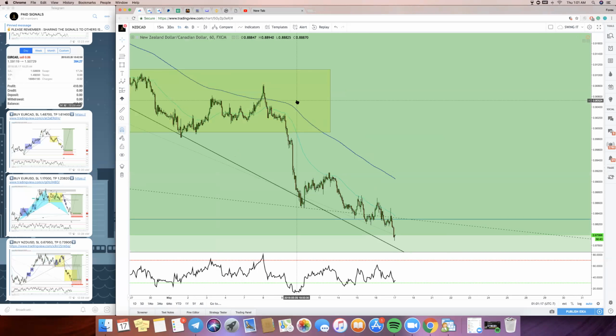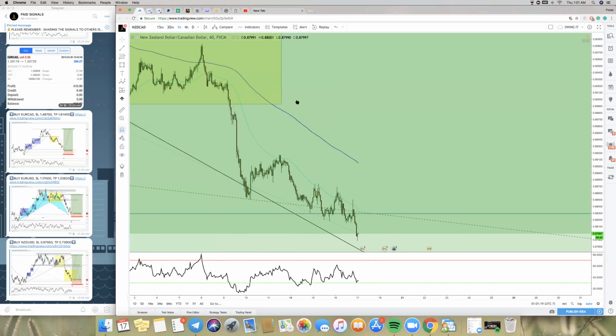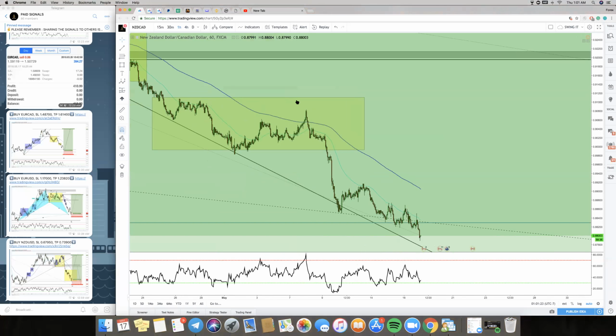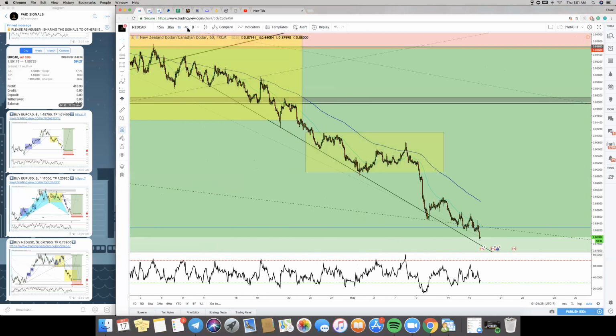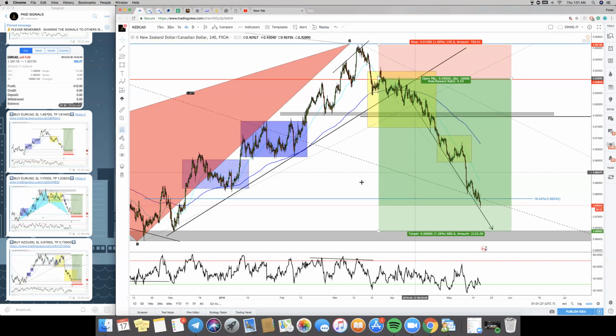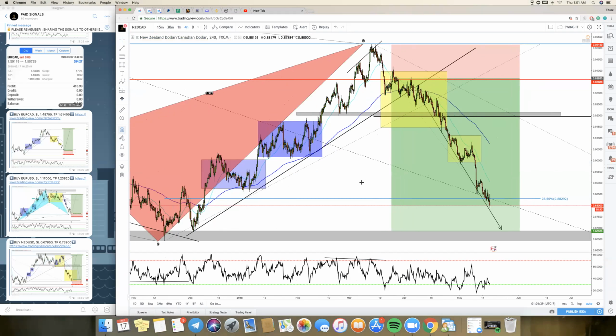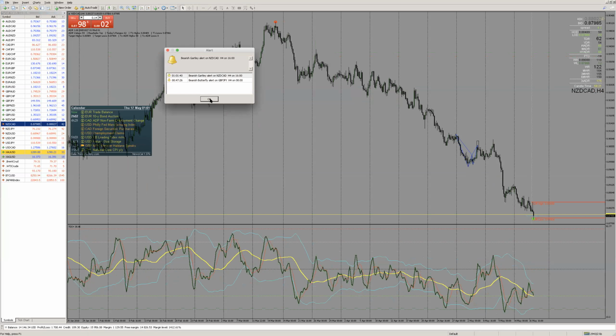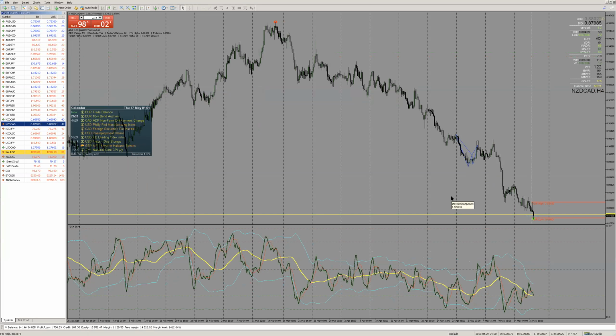If you go on a smaller time frame, okay, NZD CAD. All right, it's hitting the ADR low, so that's basically giving us a nice buy signal.